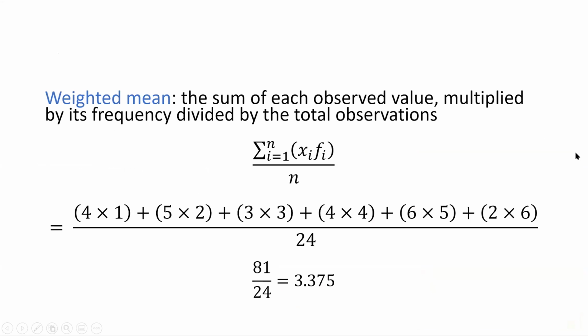There's also something called a weighted mean, which is the sum of each observed value multiplied by its frequency, divided by the total number of observations. So I think this comes from page, let's see. Yeah, this is the data from page 37. It's just like rolling a die a bunch of times. So we rolled essentially a 1 4 times, a 2 5 times, a 3 3 times, a 4 4 times, and so forth, right?